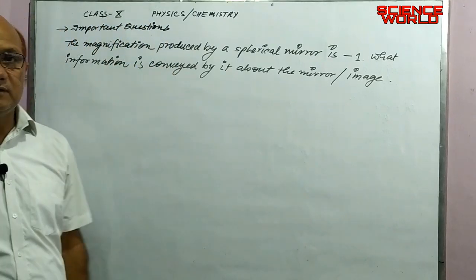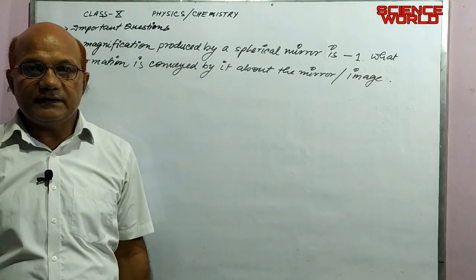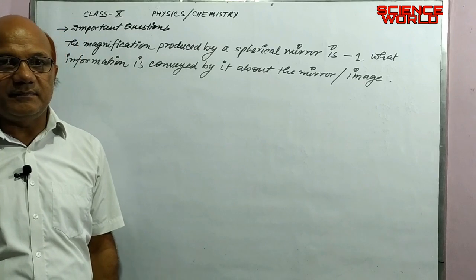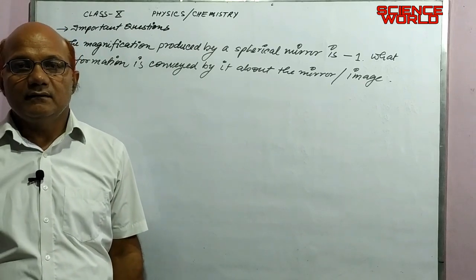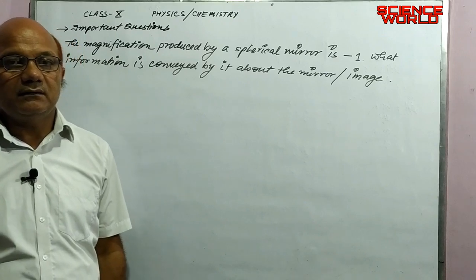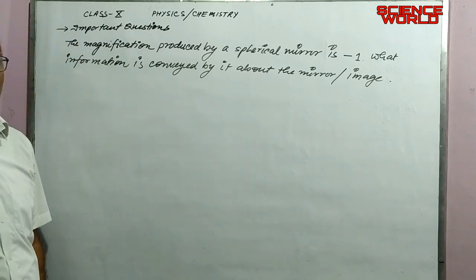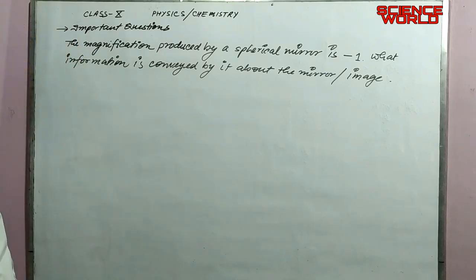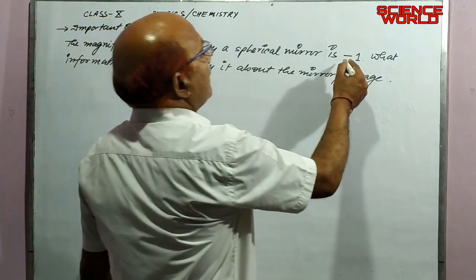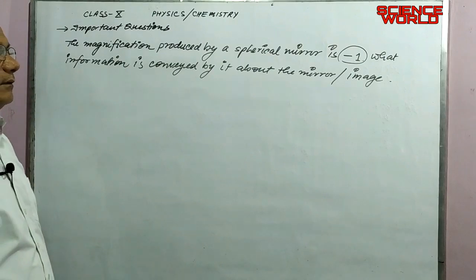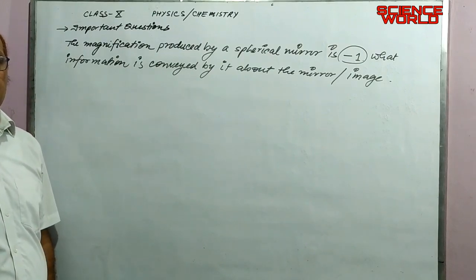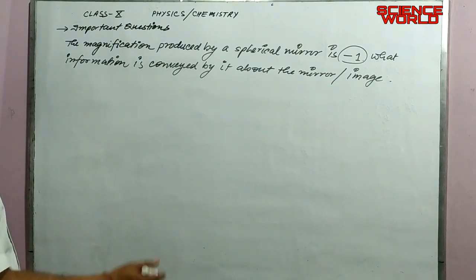Okay, this is the question. Magnification produced by a spherical mirror is -1. What information is conveyed about the mirror oblique image? So let us see. Magnification produced by the spherical mirror is -1.